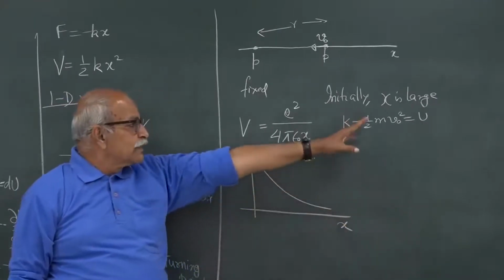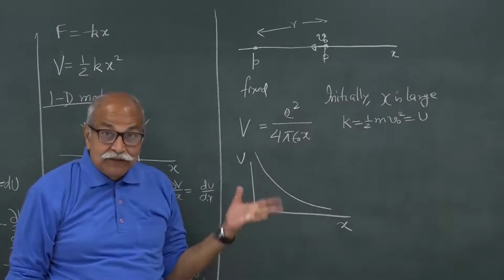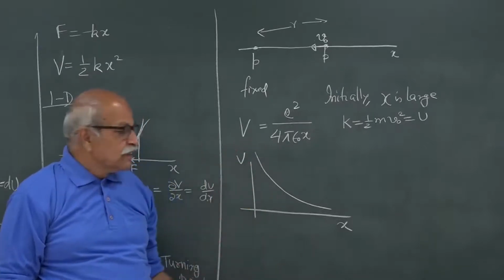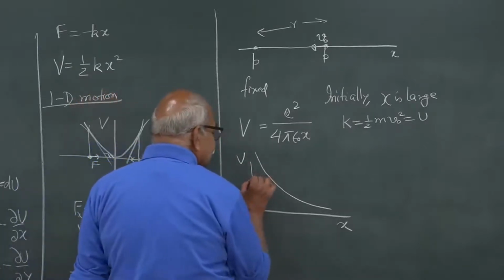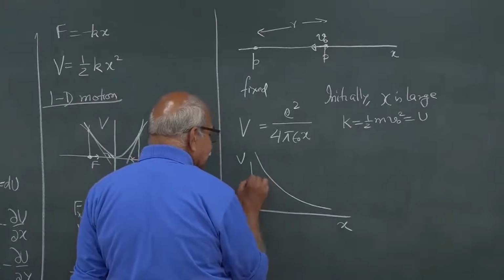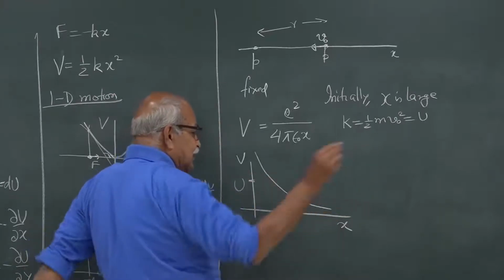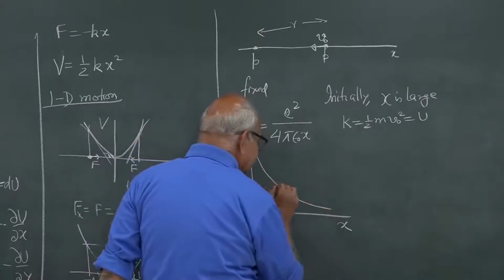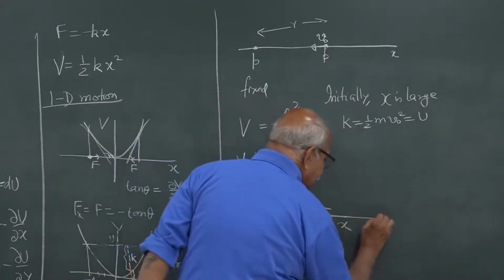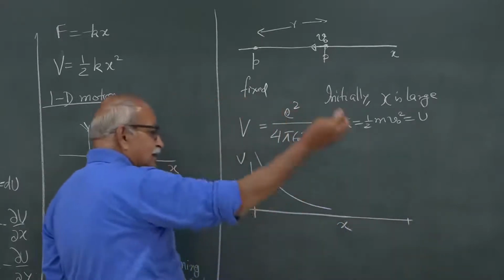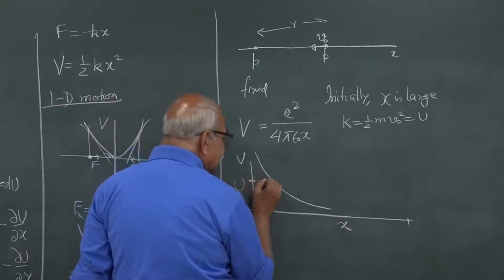So, suppose that total energy is known, and let us say this is that total energy. Initially x is very large, that means the particle is somewhere here at a large x.